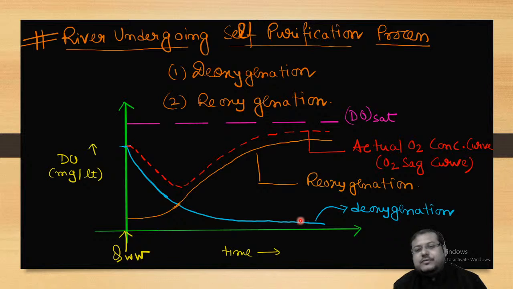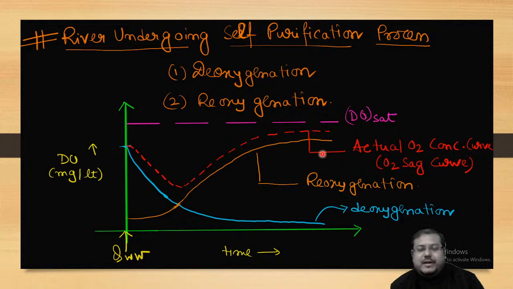तो क्यों ये डिक्रीज हो रहा है, क्योंकि जितना टाइम बढ़ेगा, ऑलरेडी बायोडिग्रेडेबल ऑर्गेनिक मैटर इज गेटिंग फिनिश्ड, तो ऑक्सीजन का कंजम्पशन भी घटेगा. Whereas जितना टाइम बढ़ेगा, ऑक्सीजन का रीऑक्सीजनेशन होना बढ़ेगा, क्योंकि what they will try to do, they will try to reach the maximum level, which is the DO saturation given in this purple dot.